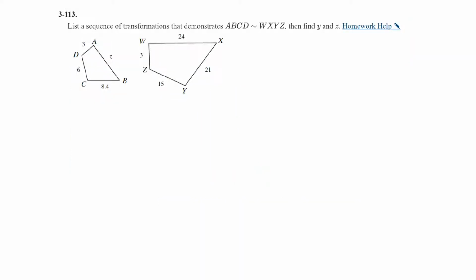Question 113. List a sequence of transformations that demonstrates that the two figures below are similar, then find y and z. So in terms of the sequence of transformations, you might be able to recognize that A and W match up, so this point matches up with this one, and then D and Z also match up.